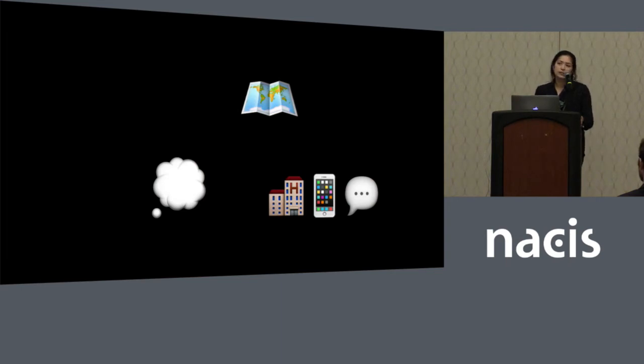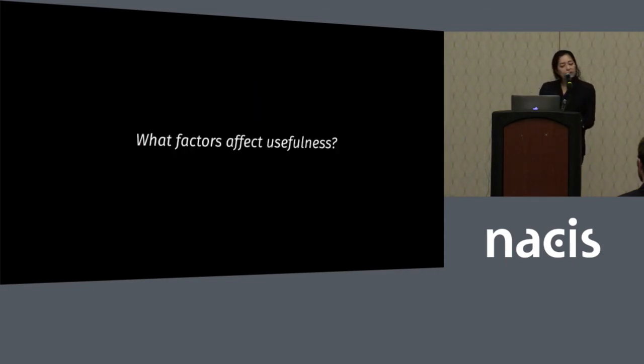So the question is not just how meaningful a label is, but how useful that label actually is in helping you accomplish a task. Because if you're reading a map, it's usually a goal-oriented endeavor: you want to accomplish a task. And so there are probably different factors that affect how useful any particular label is for that task.